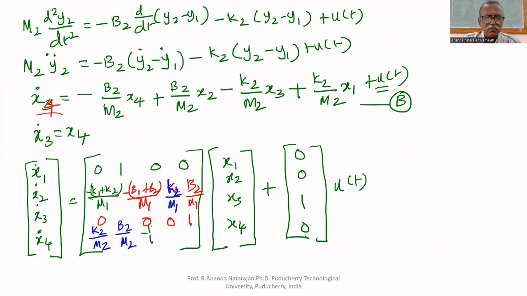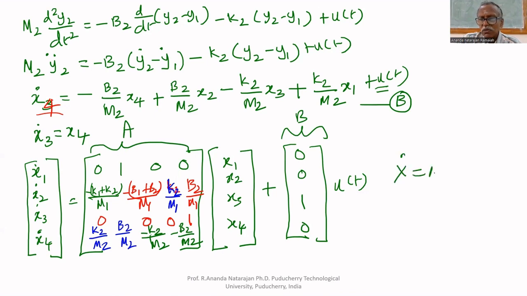Minus K2 by M2. Coefficient of x4 is minus B2 by M2. So this is the A matrix. This is the B matrix. That is x dot equal to AX plus BU.